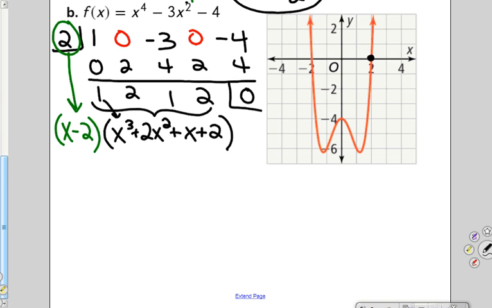Ready? It's like taking a big number like 48 and breaking it into 2 times 24. But wait, the 24 can still be broken down, right, into 2 times 12. But wait, the 12 can still be broken down.